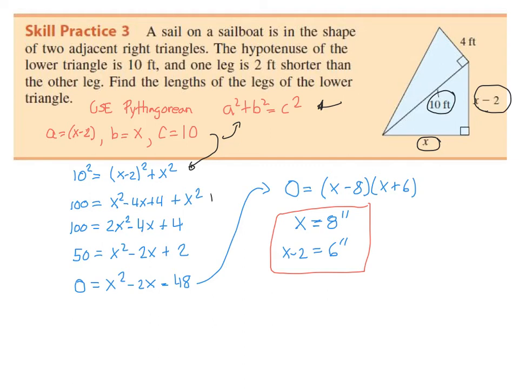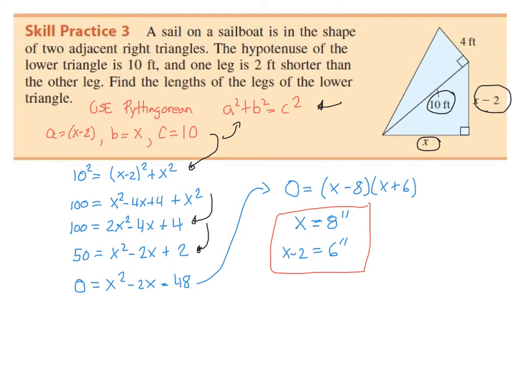And so we can add the x squares together, and we get 100 is equal to 2x squared minus 4x plus 4. We can divide out a 2 on both sides of the equation. We get 50 is equal to x squared minus 2x plus 2.